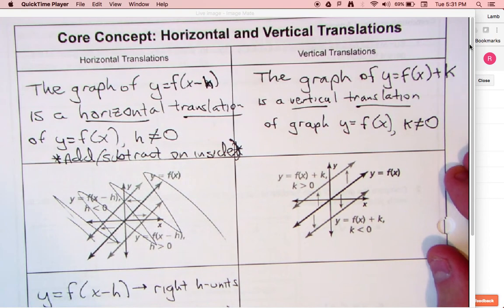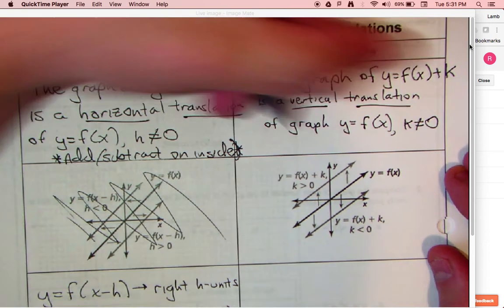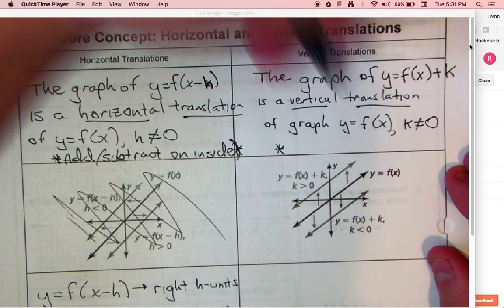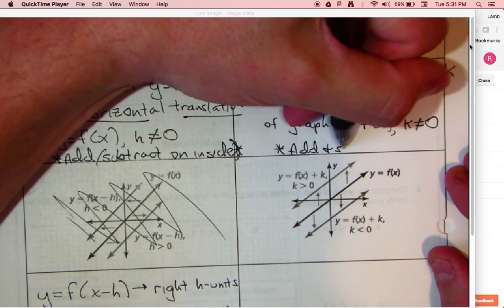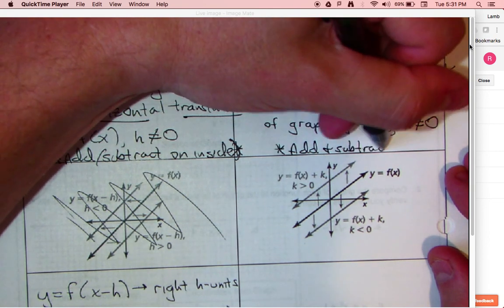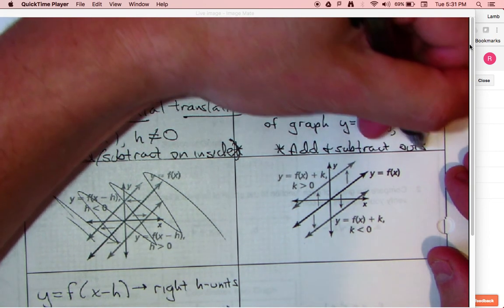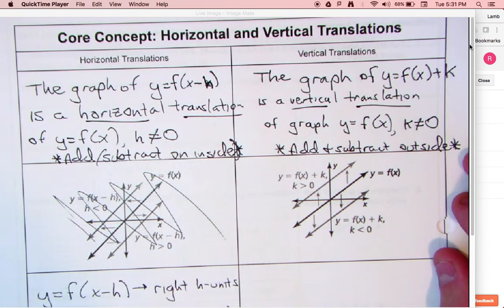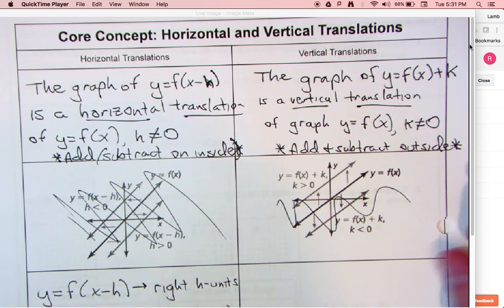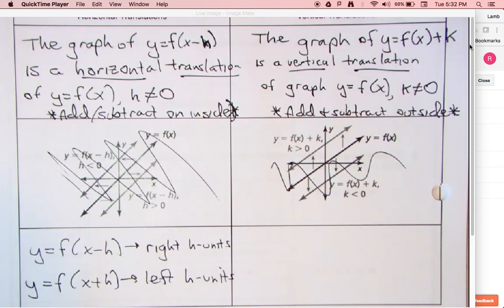Now, think about what we mentioned earlier for vertical translations. This is where we add and subtract on the outside. Once again, let's skip over that graph. I don't like it. And just some other notes.